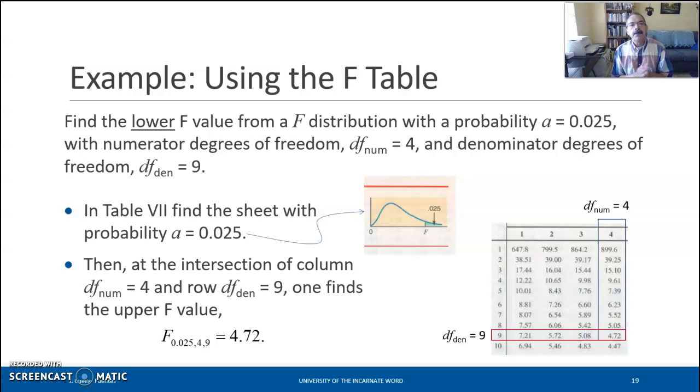In this example, they're asking us to find the lower F value from an F distribution with a probability A of 0.025, with numerator degrees of freedom 4 and denominator degrees of freedom 9. That means you need to go to table 7 and find the sheet where you have the probability of 0.025.